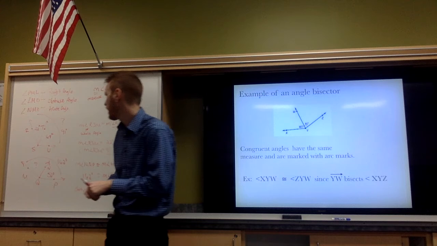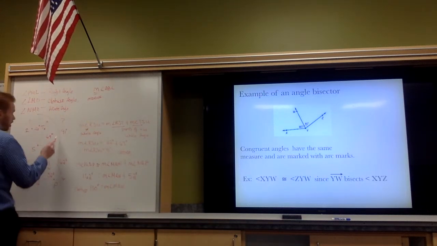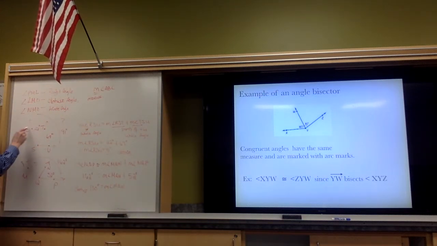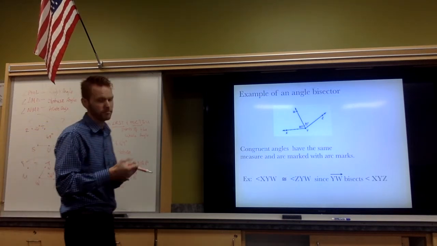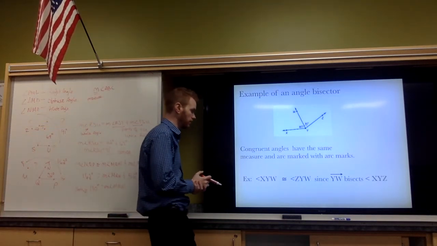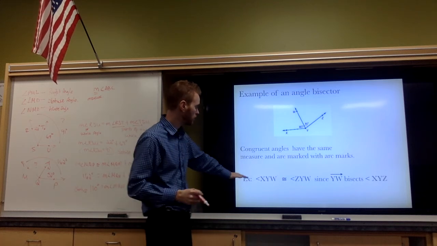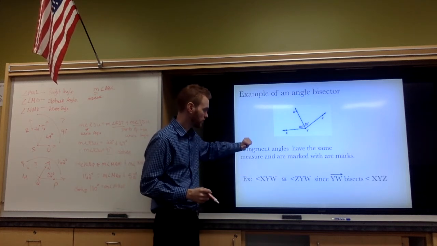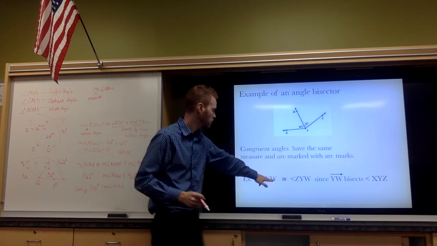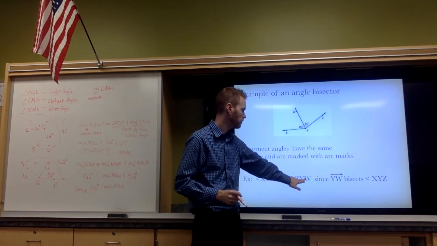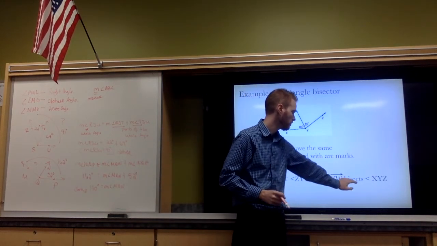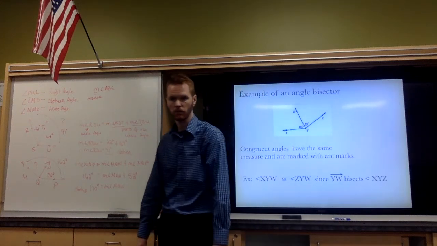They're congruent. Now, I know over here I put an arc to represent the outside. You could put it around the other side. That's just how I label things, and that's going to vary on how you do it. Okay. So down here is the written of what's going on here. Angle XWY is congruent to angle ZYW because ray YW bisected the angle. Okay.